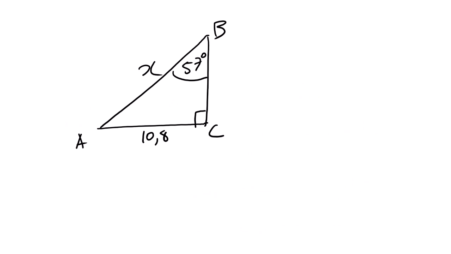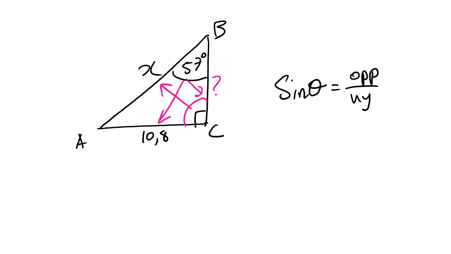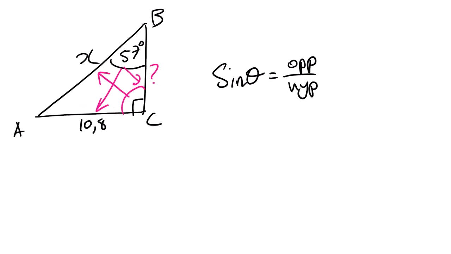We are solving for x. Let us analyze. The opposite side of the angle is there. We are looking for the hypotenuse. We don't have the adjacent. The only trig ratio which involves the opposite and the hypotenuse is sine theta. The angle is 57 degrees.